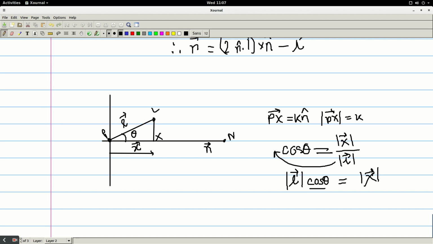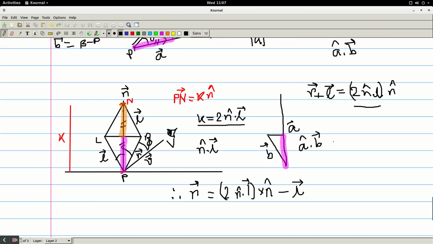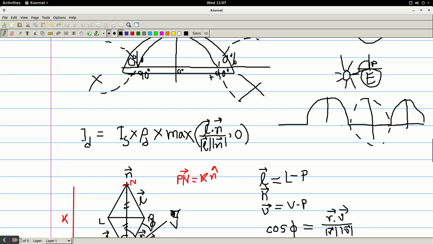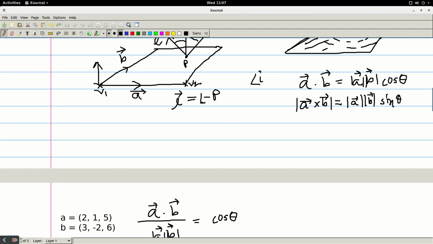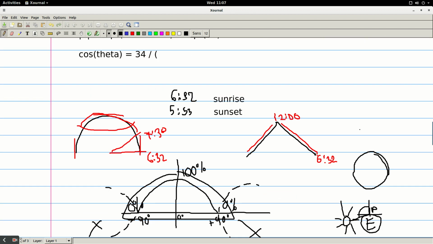Well, we got the vectors. We got this n vector, we got the L vector, and that would allow us to find the cos theta. We wrote this before, and I'm going to reuse this part. We wrote over here that A dot B gives us AB cos theta.